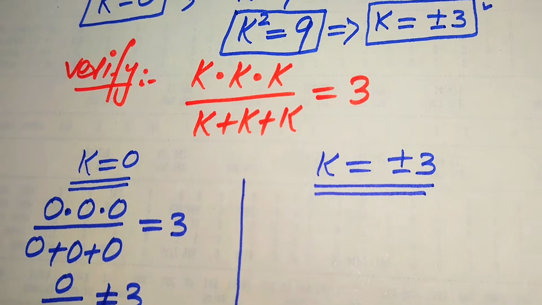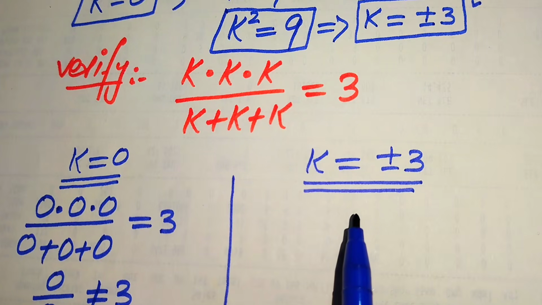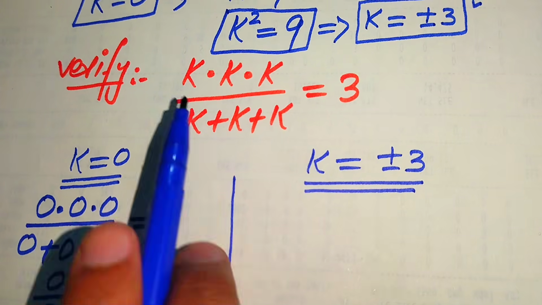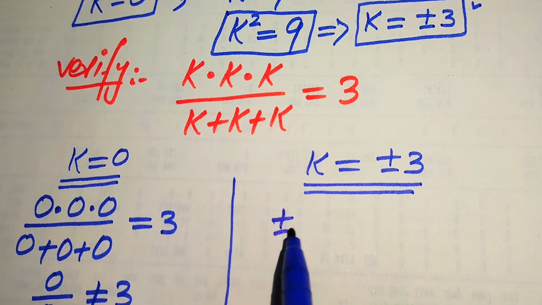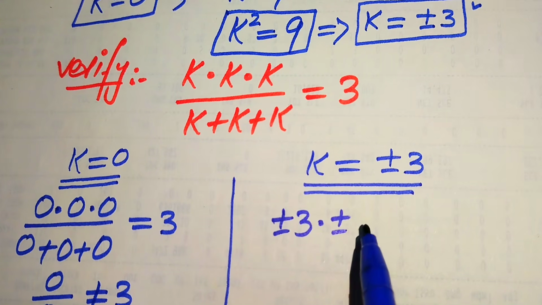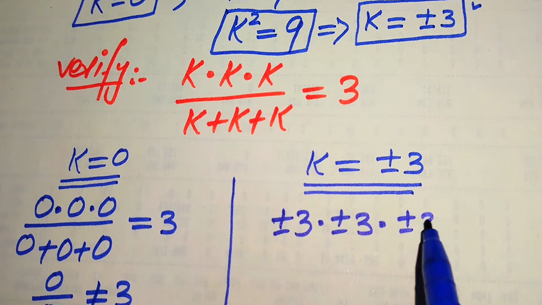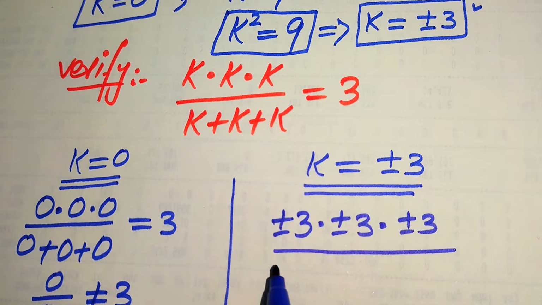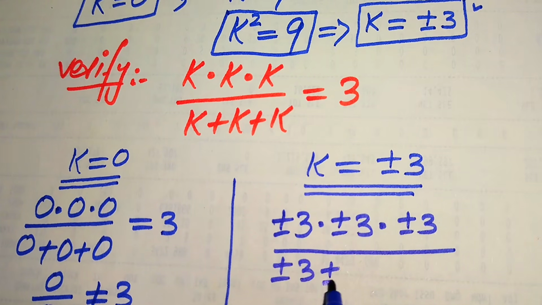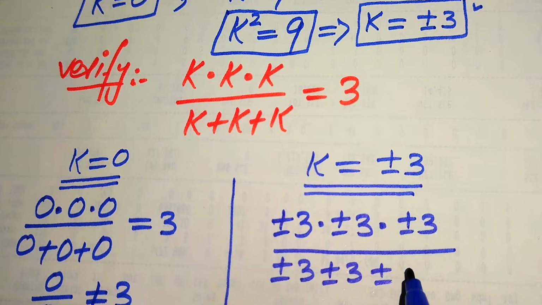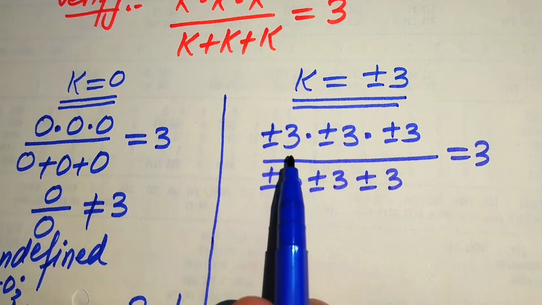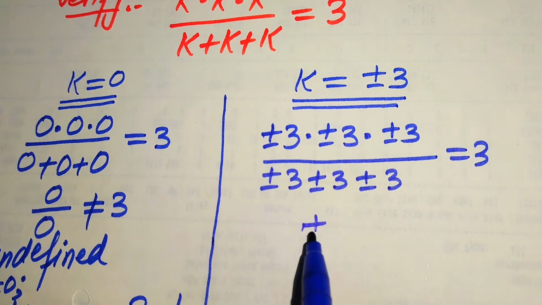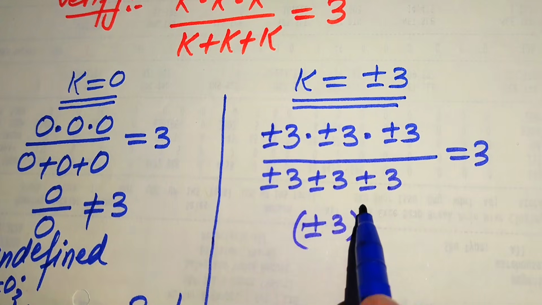Now in the same pattern we need to verify the second values of k, so we substitute k is equal to plus minus 3 into the left hand side, and it will be written as plus minus 3 multiplied by plus minus 3 multiplied by plus minus 3, divided by plus minus 3 and plus minus 3 and plus minus 3 is equal to 3. Here you see that in the numerator, plus minus 3 is multiplied 3 times, so we write it as plus minus 3 whole cubed.